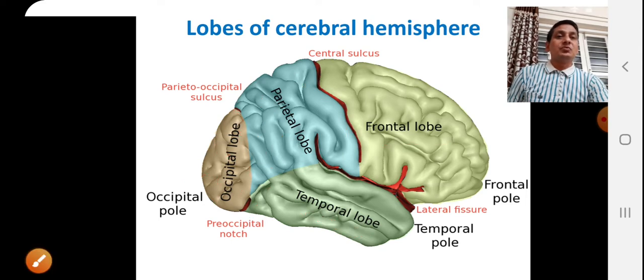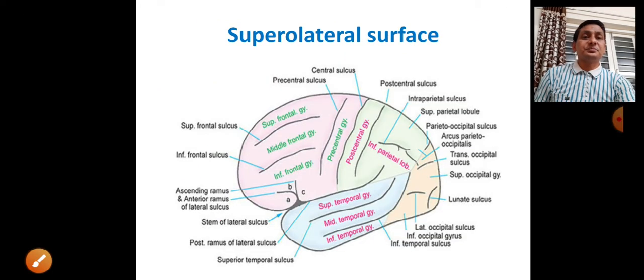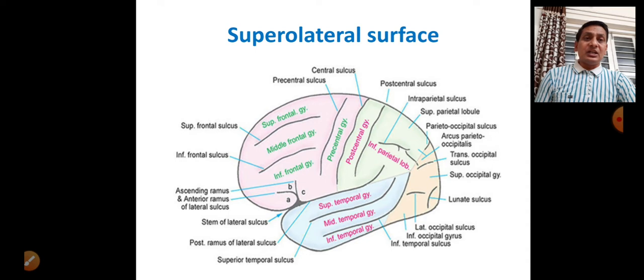Now, four lobes. Then we have studied the surfaces of the cerebral hemisphere. While we are studying the surfaces, we have to consider all the lobes of the cerebral hemisphere.